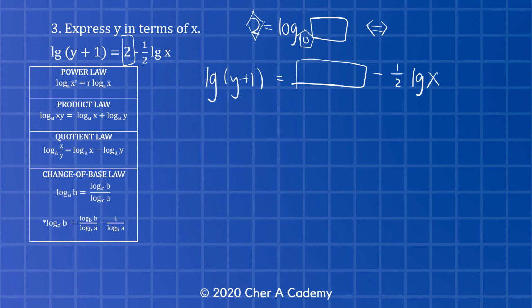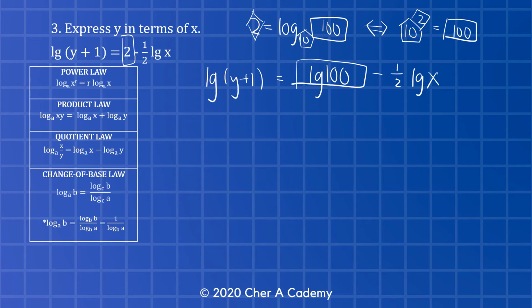So my base is 10 and my kite is 2, so my number is 100. So this is 100. So I change 2 to common log 100.